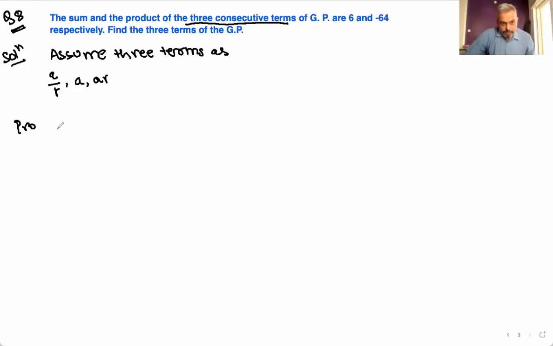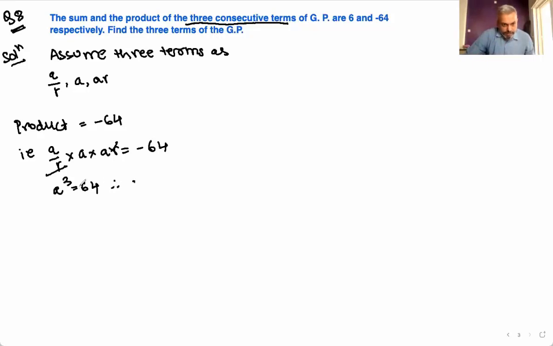Product is equal to minus 64. That is A by R into A into AR is minus 64. R cancels. A cube is equal to minus 64. Therefore, A is equal to minus 4, since 4 fours are 16, 16 fours are 64.